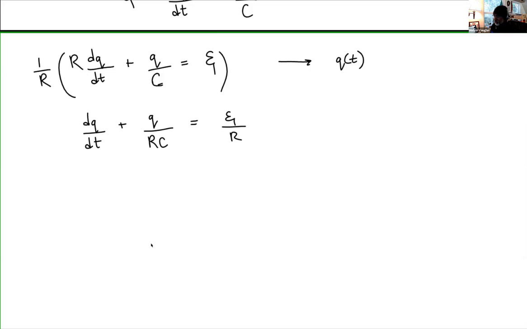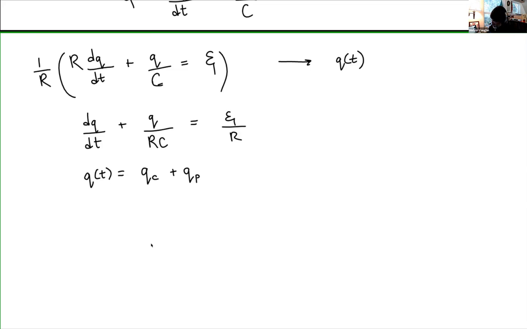There's a certain way in which you could determine the solution of this equation. This type of equation has two solutions, and we sum those two solutions together as a single solution. One is called the complementary solution, and one is called the particular solution.